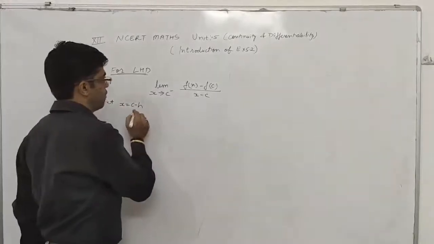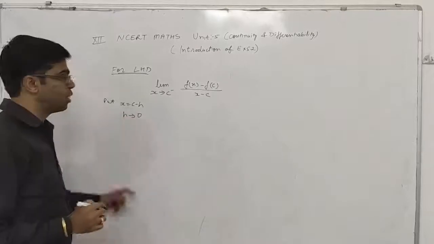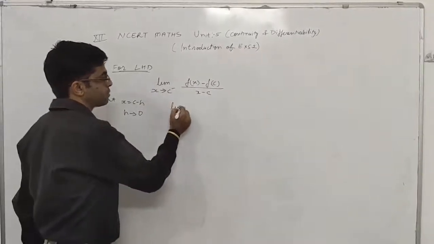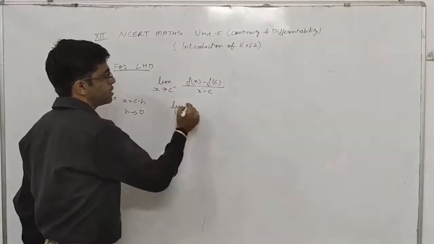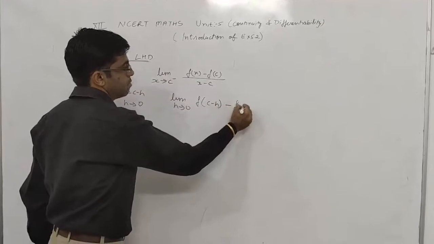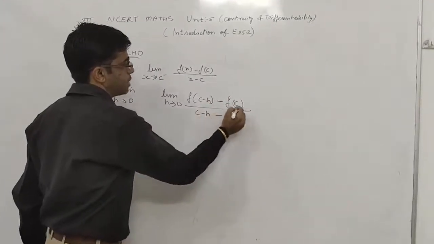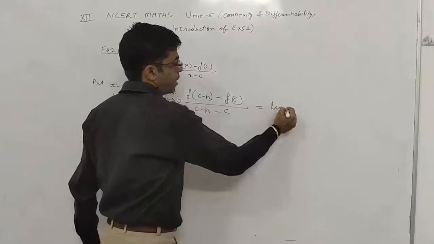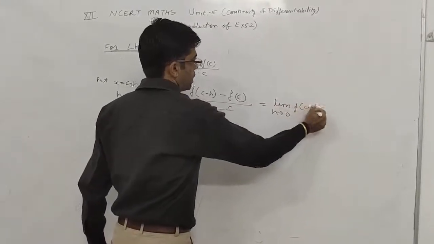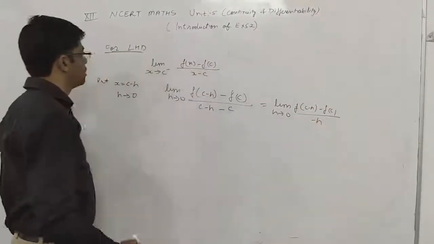When x approaches c, then h will approach 0. As h tends to 0, we get f(c minus h) minus f(c) upon c minus h minus c, which is limit h tends to 0 of f(c minus h) minus f(c) upon minus h.